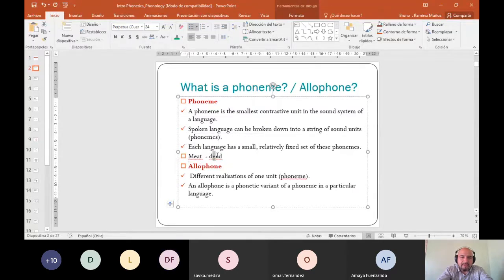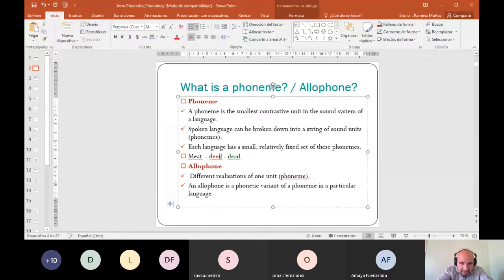For example, deed, dead. We have two different vowel sounds here in these two words. You see that we have D and D, the letters D and D at the beginning and at the end in both.